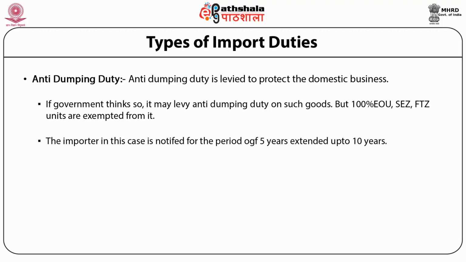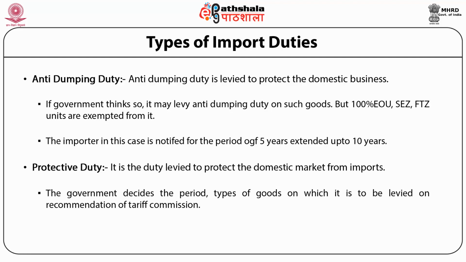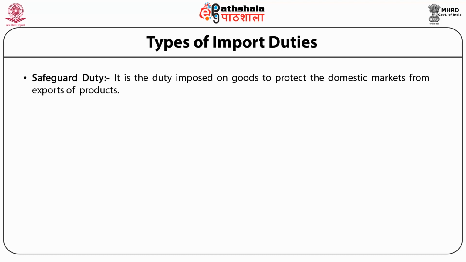Another type of duty is protective duty. It is a duty levied to protect the domestic market from imports. The government decides the period and types of goods on which it has to be levied on the recommendation of the Tariff Commission. Next is safeguard duty. It is a duty imposed on the goods to protect the domestic markets from imports of products.